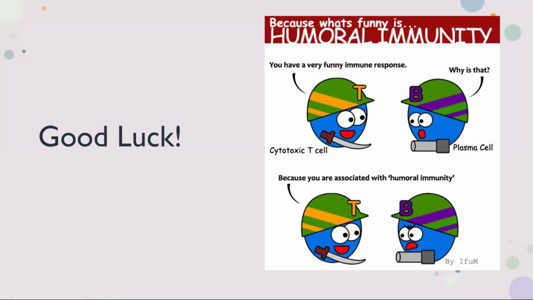So where you could have issues is if your suppressor T cells aren't working, your cytotoxic T cells will keep searching for an infection when there isn't one, which you might think would be a good idea. But if you think about how your body reacts when it's ill, it starts taking resources away from other parts of your body to make more cytotoxic T cells and immune cells to keep fighting an infection that doesn't exist.